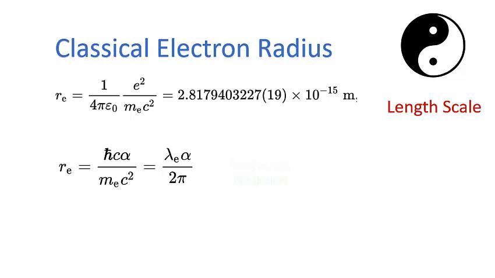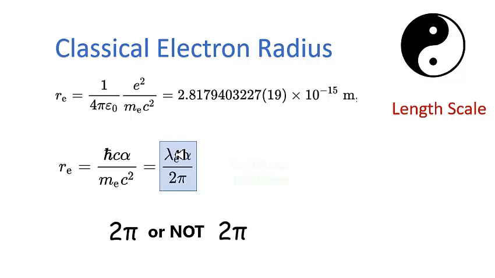Today I want to focus on this one, and the reason is that it has a 2 pi term, and it also contains the Compton wavelength, which I am identifying as the circumference of my own particle model. This would be for the electron, of course, because we're talking about the classical electron radius.